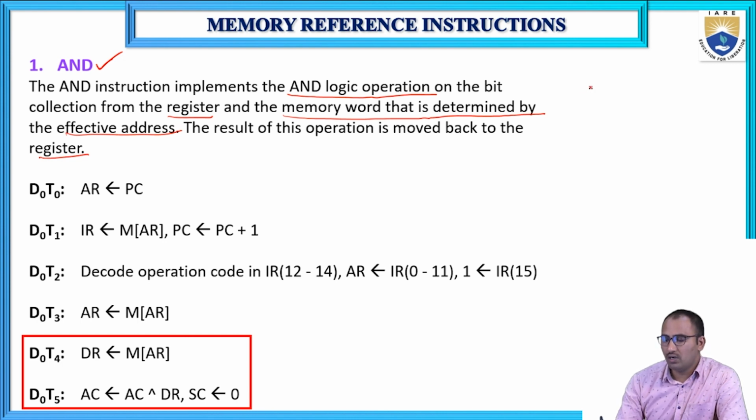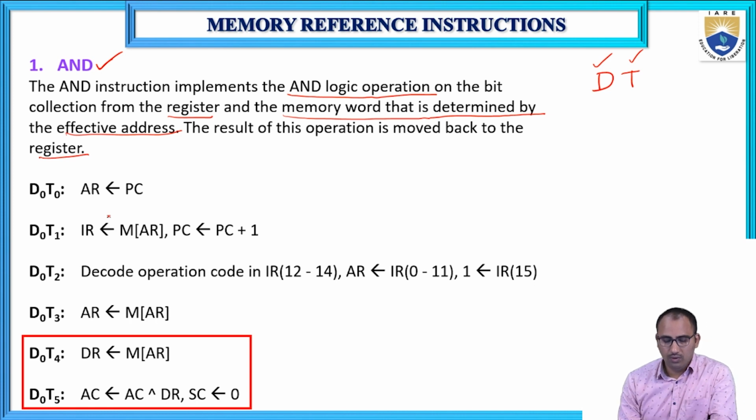The control signals are represented with capital D, and the timing signals are represented with capital T. So we require both so that we can perform that particular memory operation. So see here, during D0 and T0.